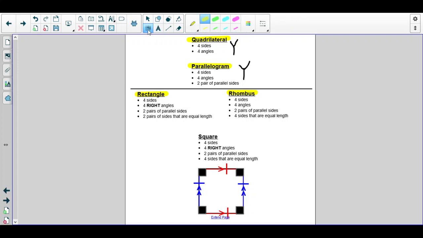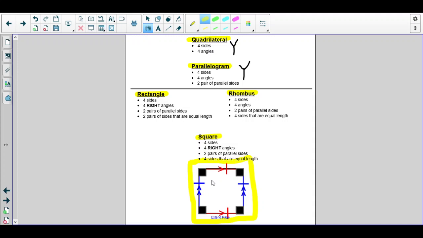And the answer to that is also yes. So this figure down here, while we typically would refer to it as a square, is also a rectangle, is also a rhombus, is also a parallelogram, and is also a quadrilateral.